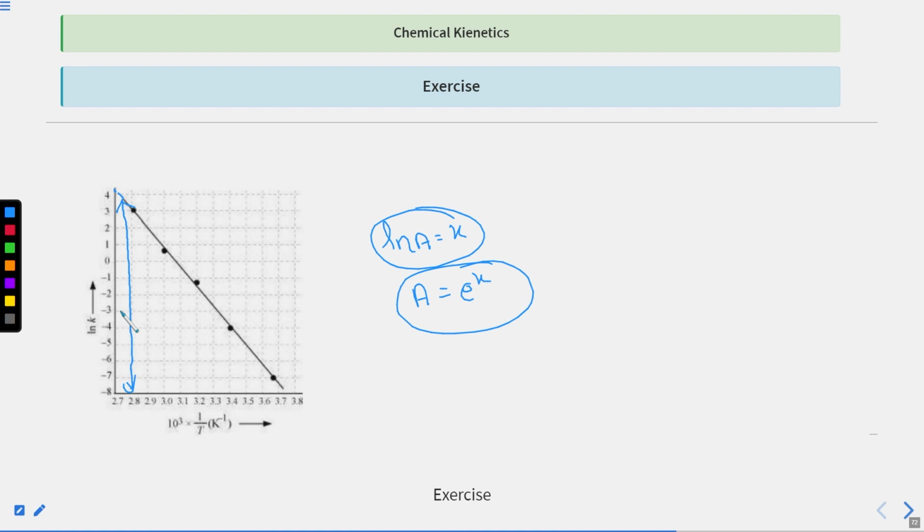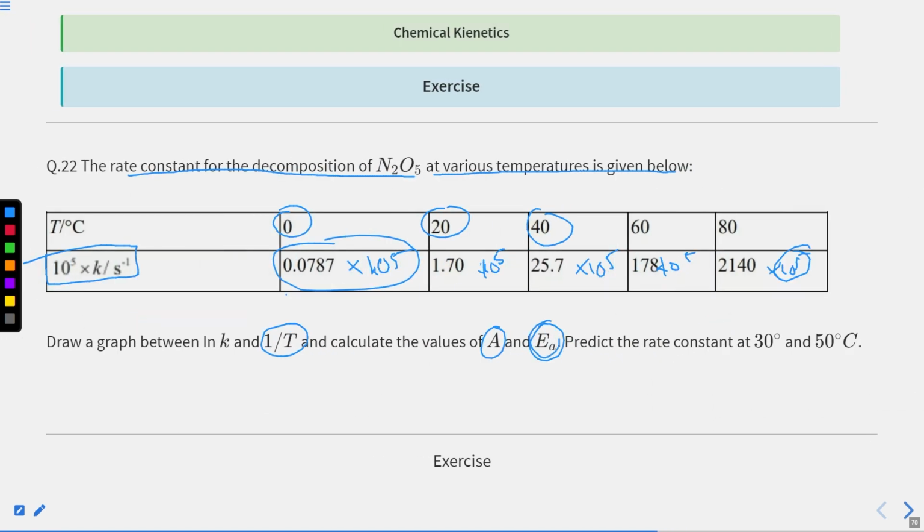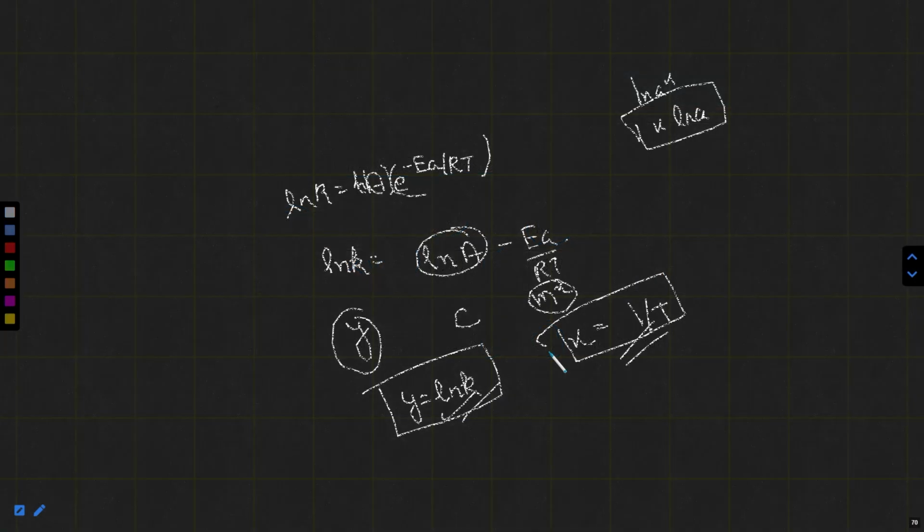Next, it is asked to calculate EA. What will be EA? From this equation, M, the slope, is equal to minus EA by R. This will be your slope.